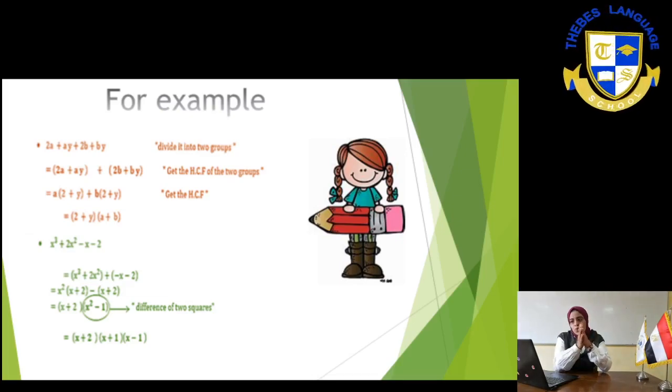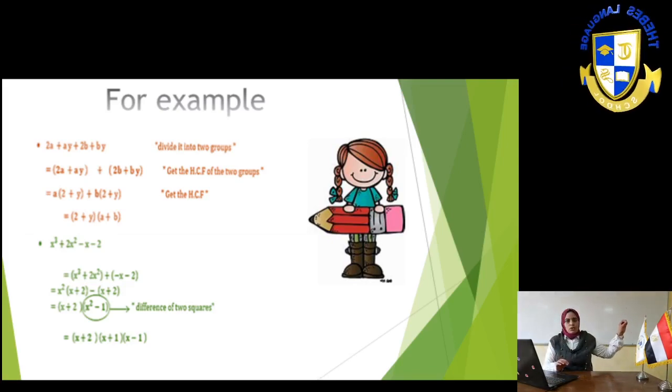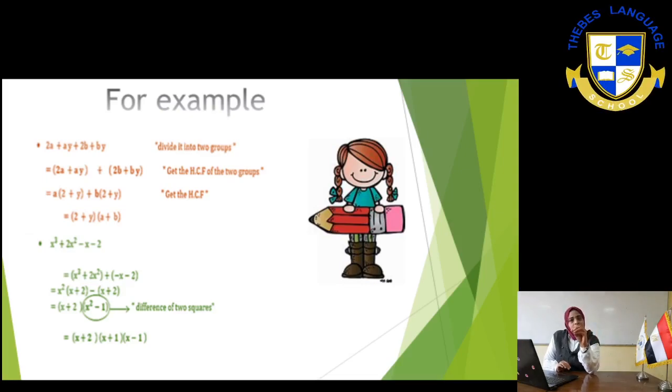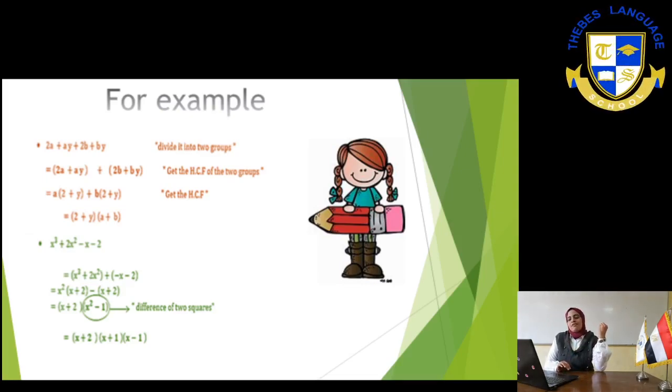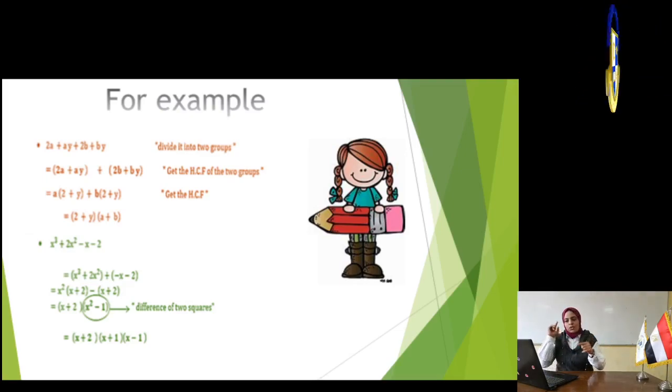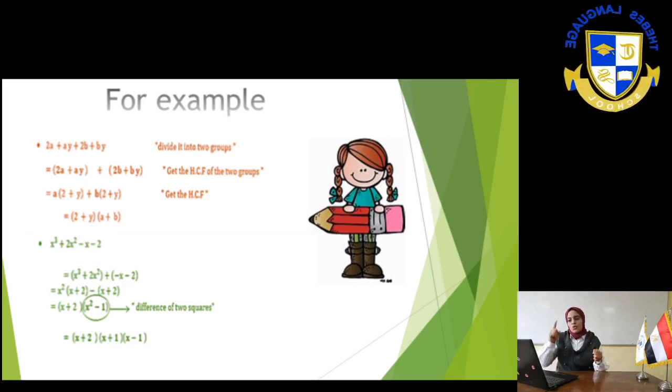We have here 2a plus ay, so we can take a as a common factor. 2b plus by, we can take b as a common factor. As we see, we have a, open bracket, 2 plus y, plus b, open bracket, 2 plus y.